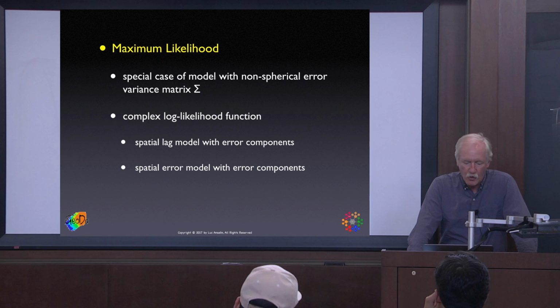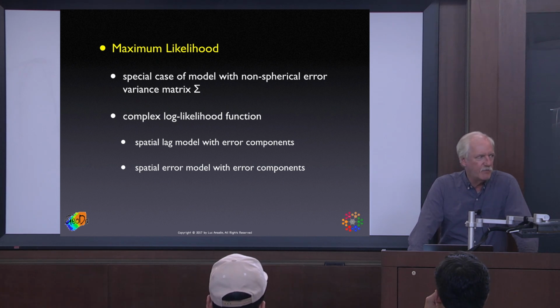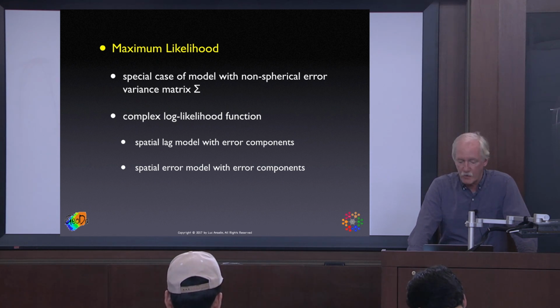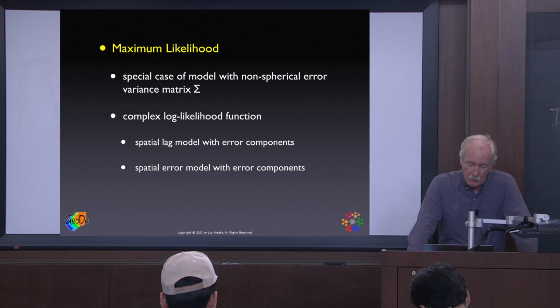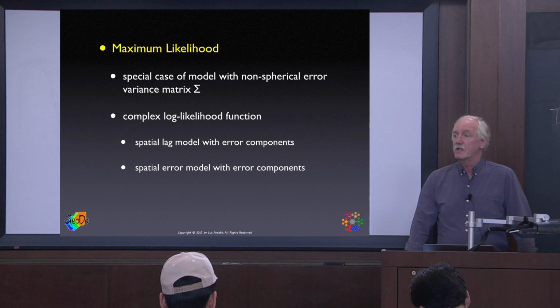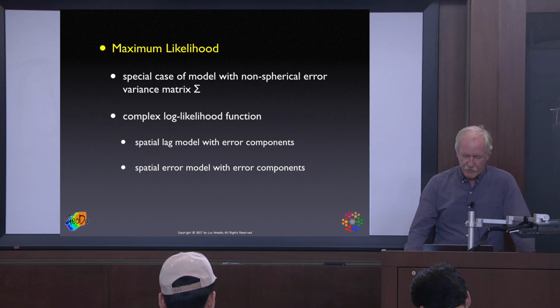So this is all going to be special cases of feasible generalized least squares. We've already seen this as spatially weighted least squares earlier on. Problem is that the log likelihood function is going to be pretty complicated, and we'll see a couple of examples of that soon.